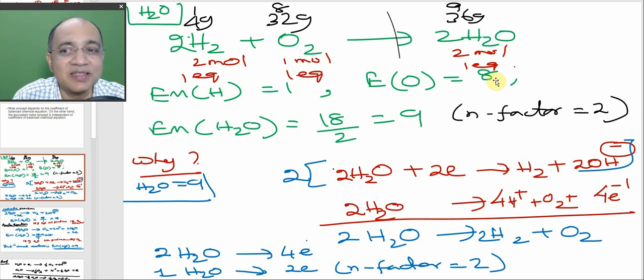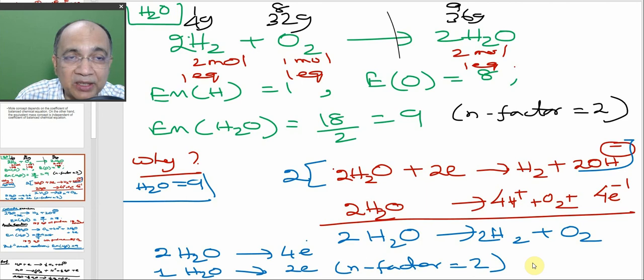So we can rationalize that by looking at the total change in oxidation number. For example, oxygen goes from -2 to 0. So the change in oxidation number is 2, so the N factor is 2.